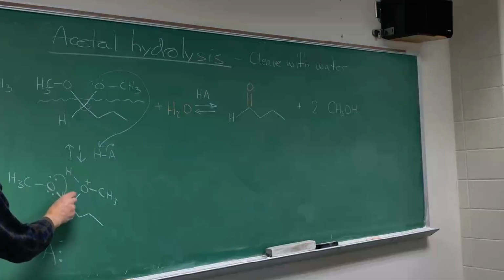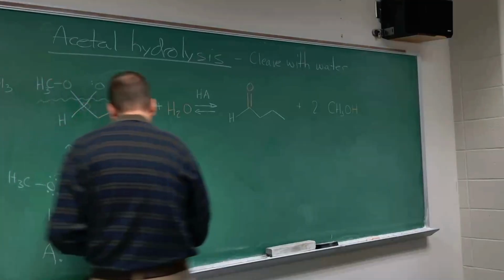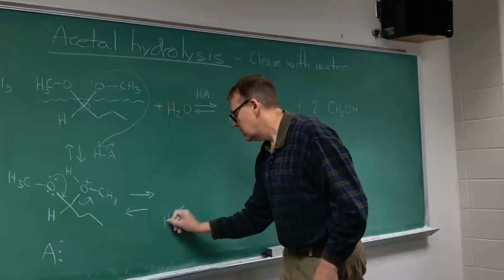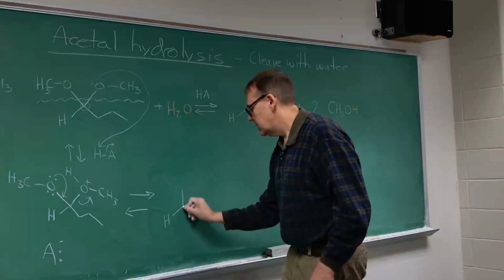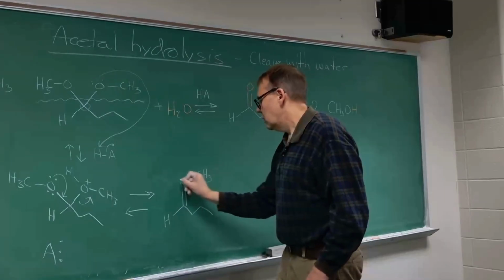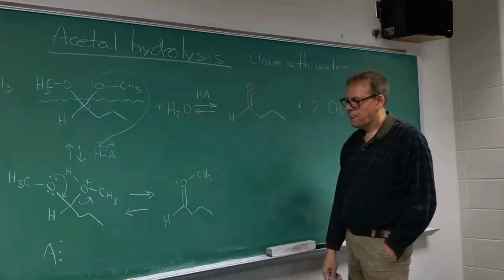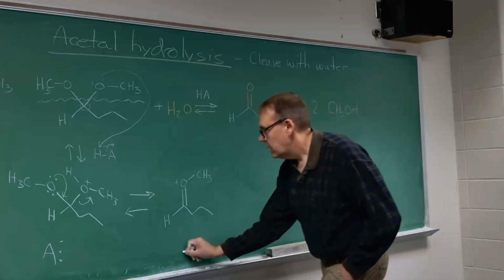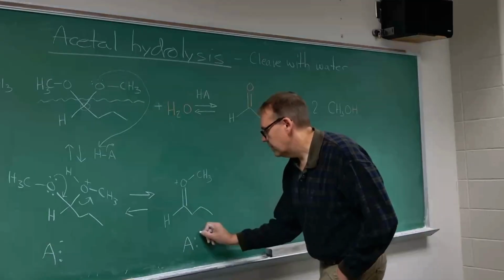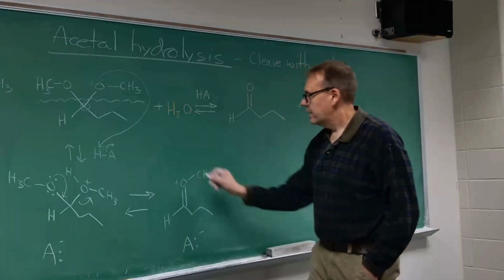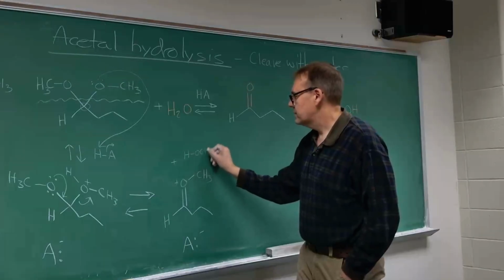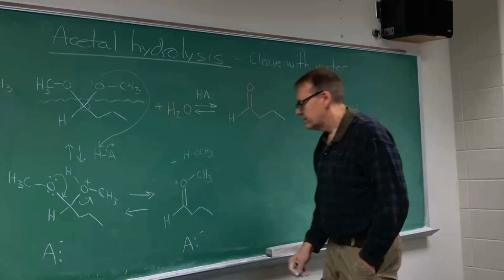So the leaving group leaves, and that gives, as an intermediate, this molecule that's got just one OR group attached. And there's an A minus still here. And we've got an equivalent of methanol that has left. So here's one of the methanols that's come off and come out of this reaction.